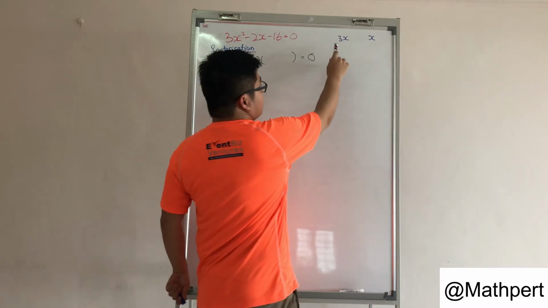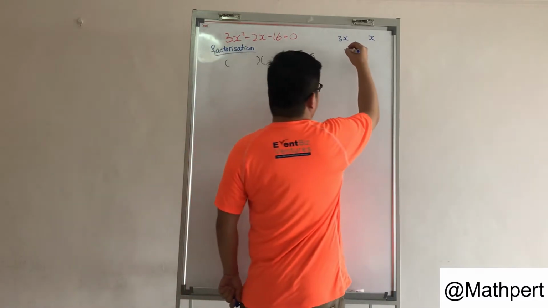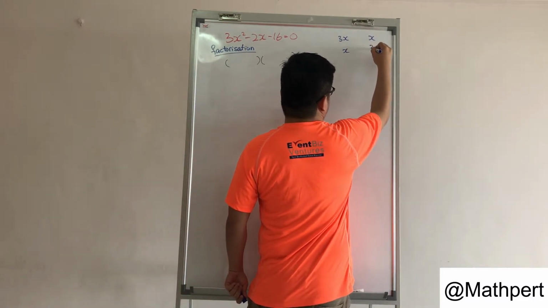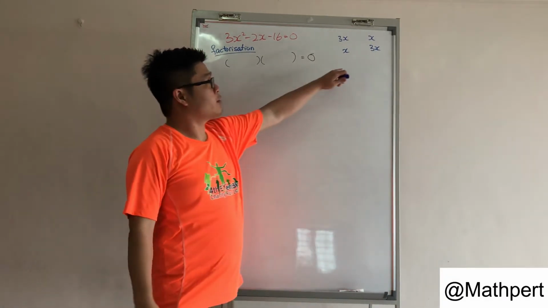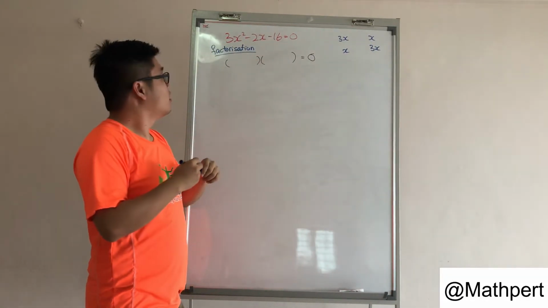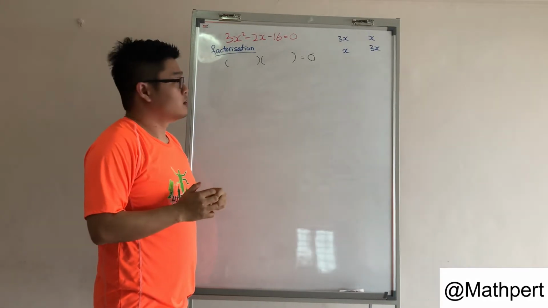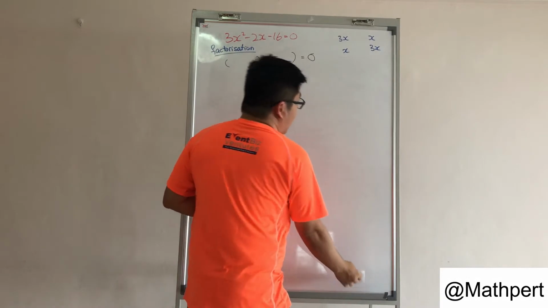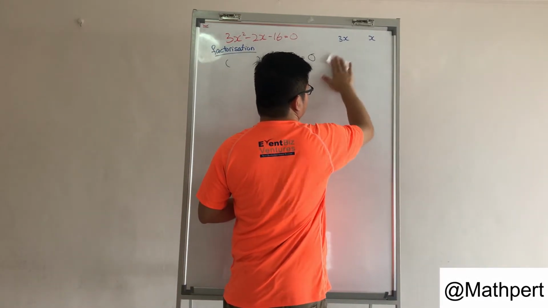Correct? 3x multiply x equals 3x squared. Or x multiply 3x is also equal to 3x squared. Then what else? Alright, I personally prefer 3x multiply x.